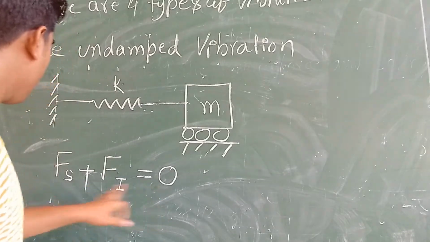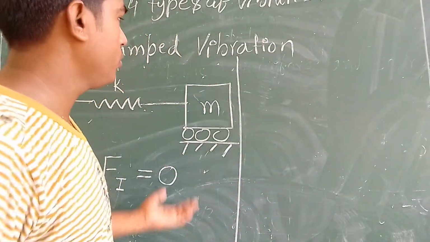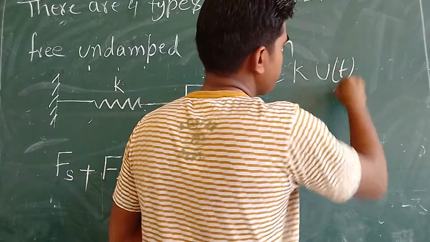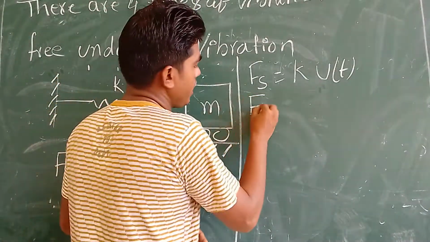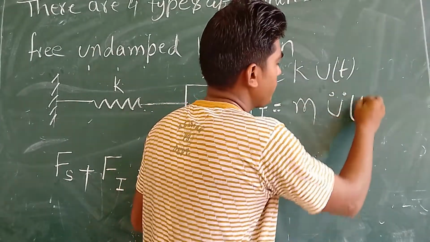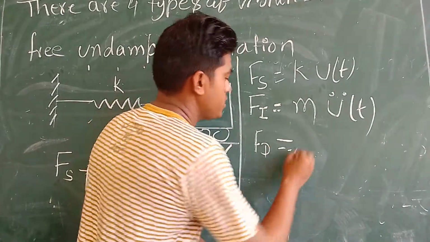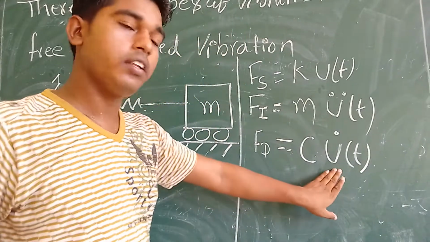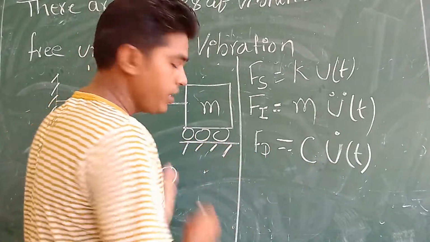The spring force Fs is equal to k into u, where u is the displacement. Fi is the inertia force, mass into acceleration, and Fd is the damping force, which is c, the damping coefficient, into velocity. u dot represents the velocity, the velocity of movement.